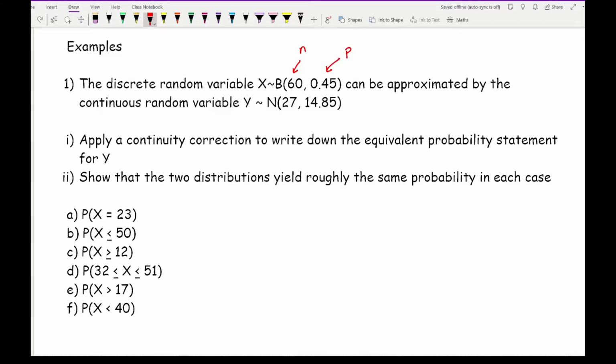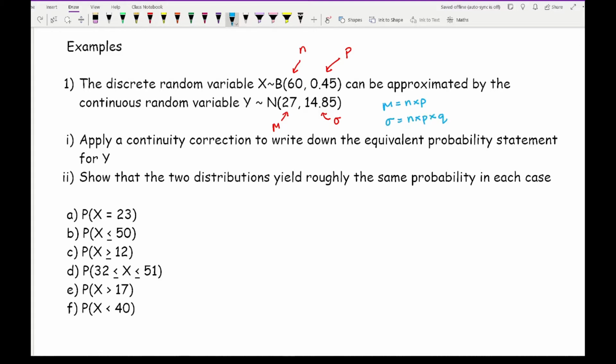Now this can be approximated by the continuous random variable y, which can be assumed to be normally distributed with a mean of 27. So this is my mu and this is my variance. Now remember that to work out mu in a normal distribution, that is n times p, and the variance is n times p times q.